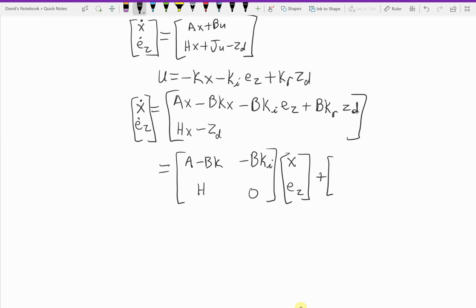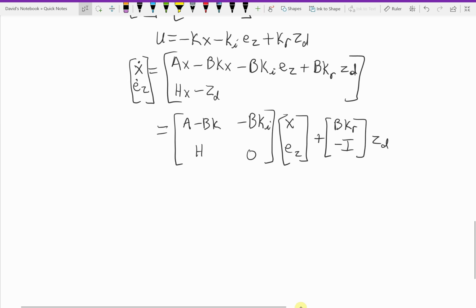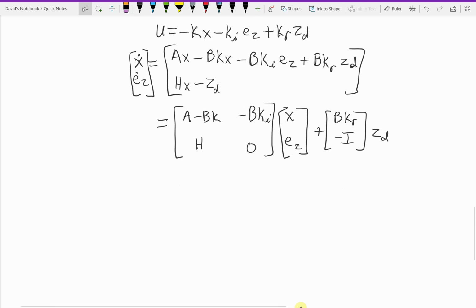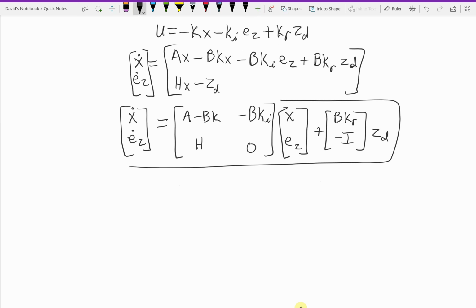And over here I'll have BKr and minus the identity matrix times zd. Okay? And that's equal to this guy. This is just a standard state space system.